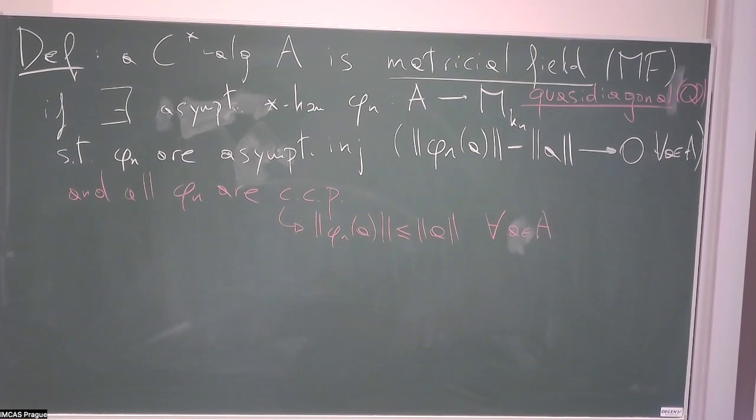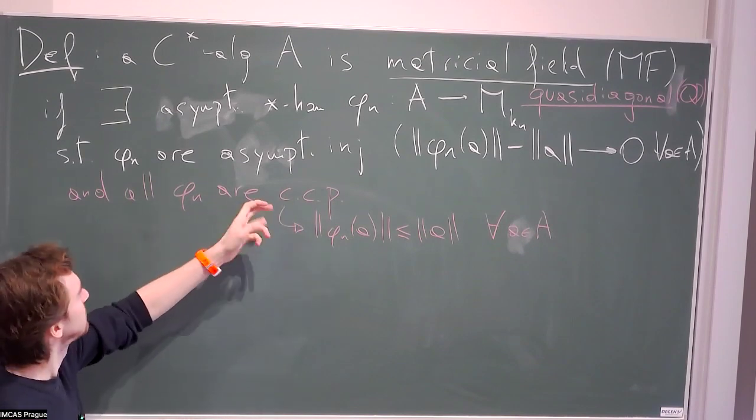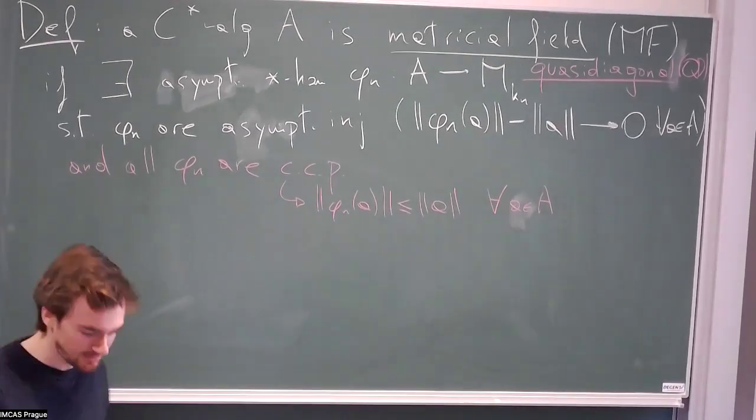And obviously since they're already linear on the nose, the asymptotic linearity is a superfluous condition. But okay.